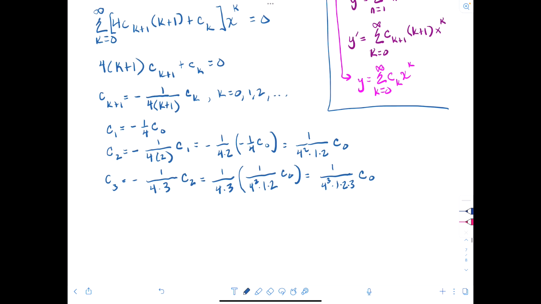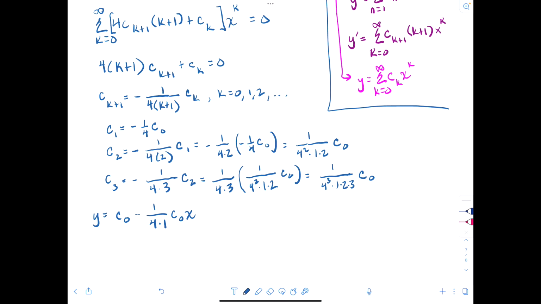So let's see if we can write this up as a nice trend here. So y equals c0, whatever c0 is. And then minus 1 over 4 times 1, c0 for my c1, and that has to be paired with x to the 1. And then, what are we going to have next?